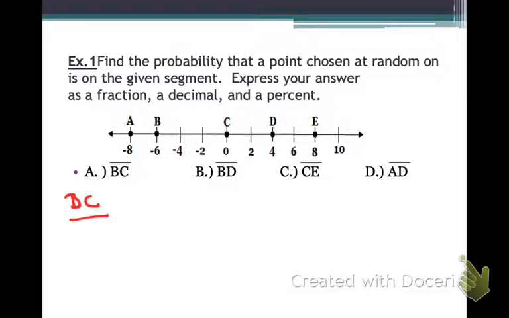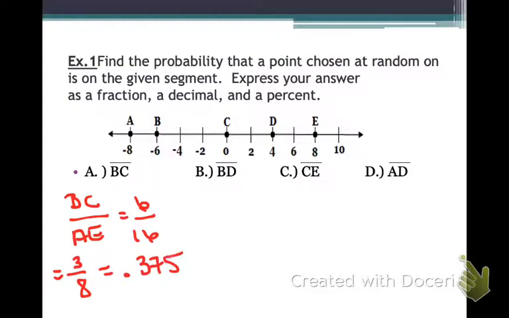That's where I want to be over the whole thing that runs from A to E. So just count how long is it from B to C. Now be careful because your number line is counting by twos. So 2, 4, 6 units over the whole thing, which is 16. So simplified fraction would give me 3/8, which is 0.375, which is 37.5%.